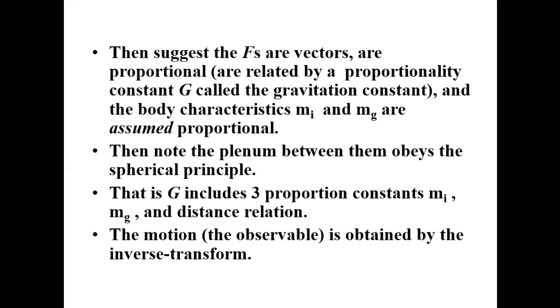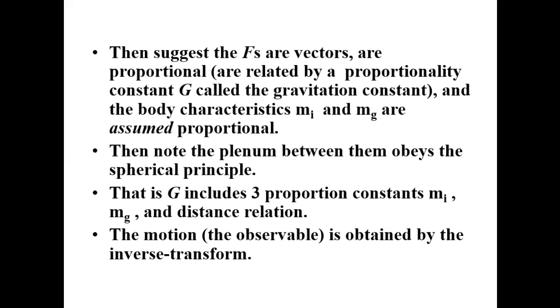Then suggest that the F's, our vectors, are proportional, that is to say, are related by a proportionality constant, which is called the big G, or Newton's gravitational constant, and the body characteristics, Mi and Mg, are assumed proportional, and they become part of the G, of course.